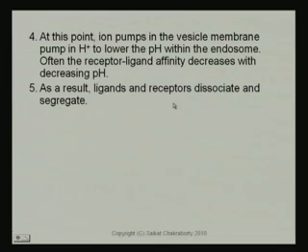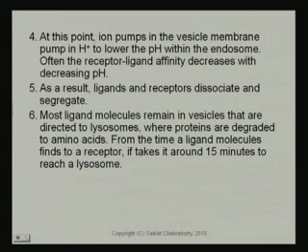How would segregation help? Because now they have to split into 2 different parts. If they are spatially segregated, the splitting makes sure that one endosome contains all the ligands and one contains all the receptors. Most ligand molecules remain in vesicles that are directed to the lysosomes, where proteins are degraded.